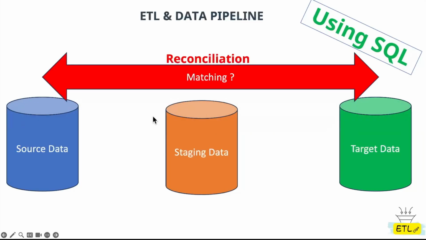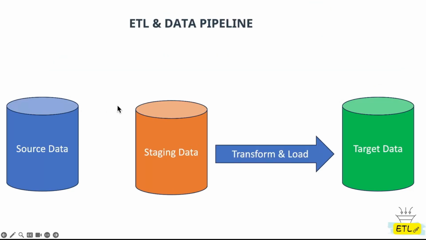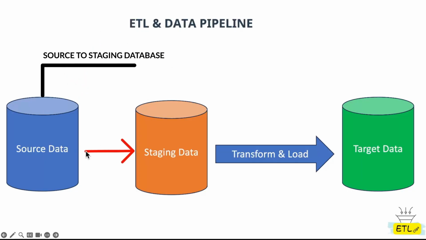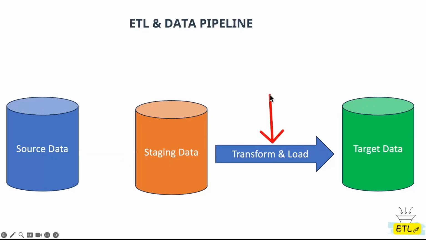We'll be going back to this figure often, just to bring everything on track, and just to keep in mind that we have a source database and we do a replication from source to staging database, then we run transform and load, finally the data is loaded into the target database.